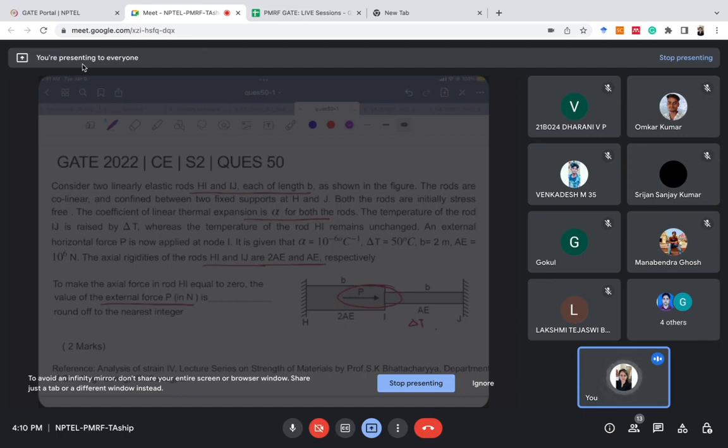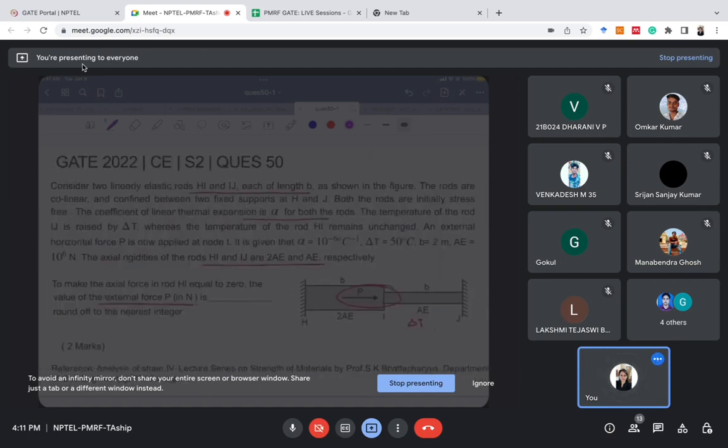In this question you can see that there is a temperature stress and also a load P. So you can't just remember the formula of temperature stress or the deformation due to the axial load and simply put the formula and get the answer. Now you have to think a little bit more. In this question, both things are incorporated in a single question.